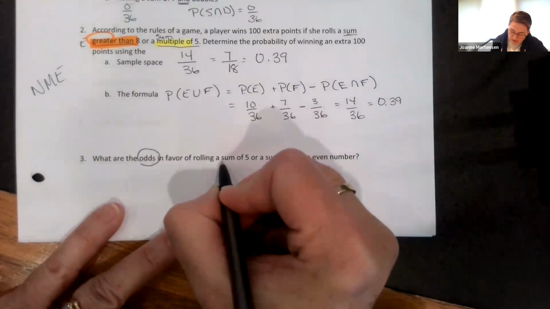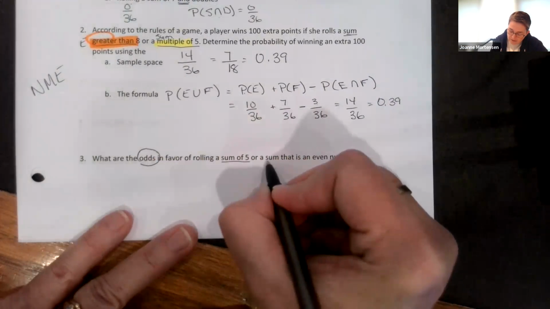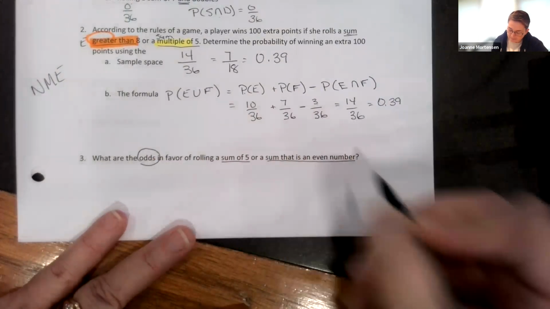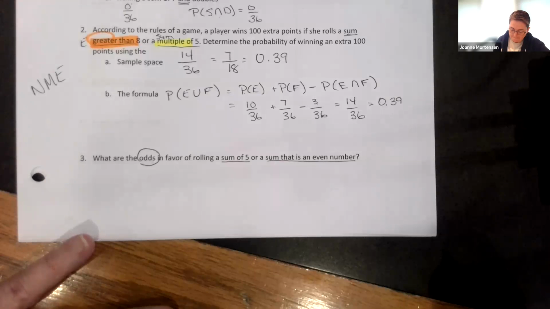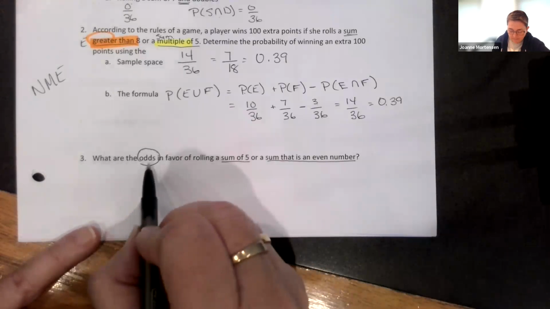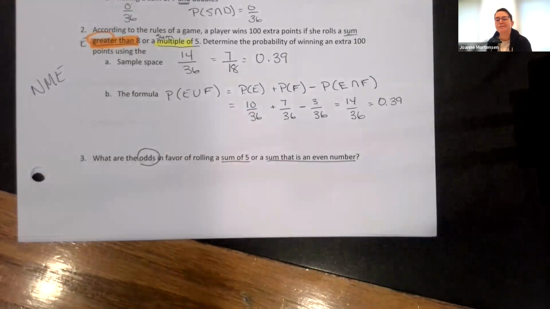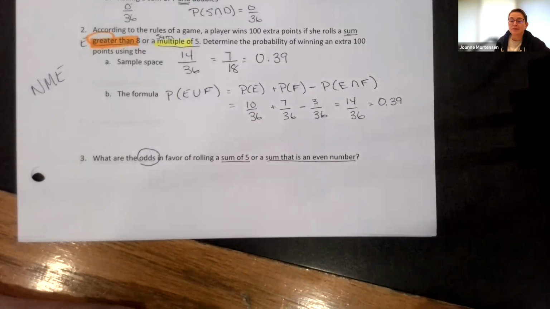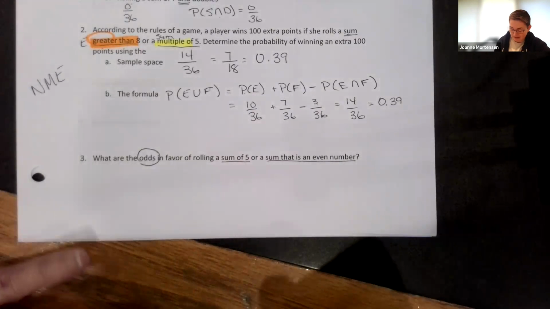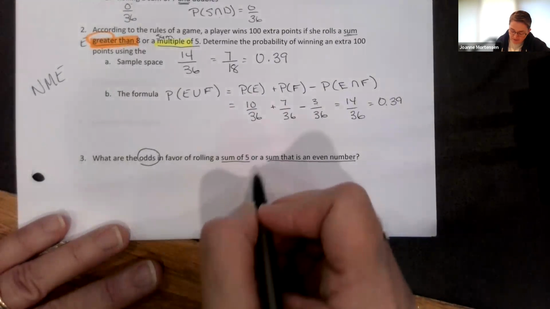Rolling a sum of 5 or a sum that is an even number. Oh, I'm sorry. I was just overthinking it. Because I make up the questions without the answer key, and then sometimes I run into trouble. Let's just do it. Sum of 5.